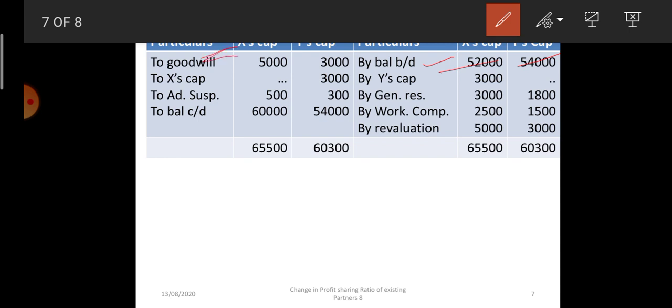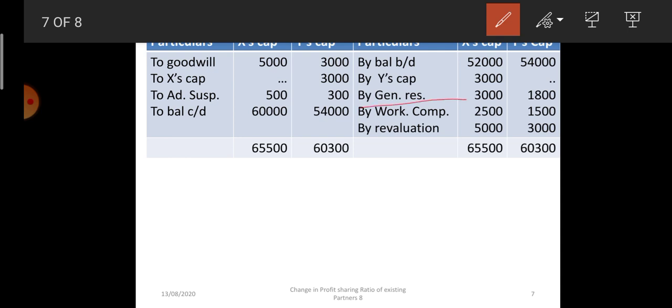X capital account debit, Y capital account debit to goodwill in the old ratio. So 5,000 and 3,000. Then we pass the entry for the adjustment of the firm's new goodwill. So Y's capital account debit 3,000 to X capital, and to X capital in Y 3,000 will be written.